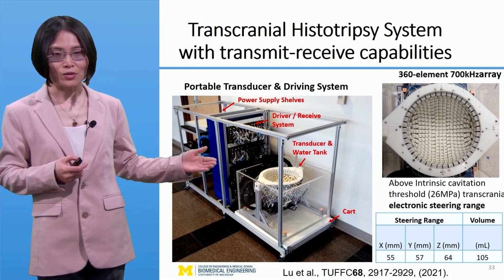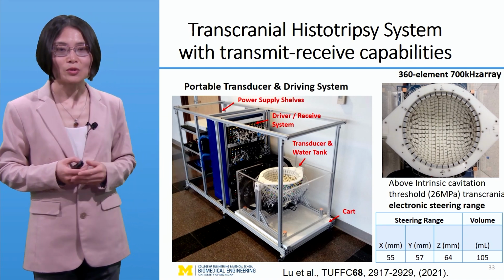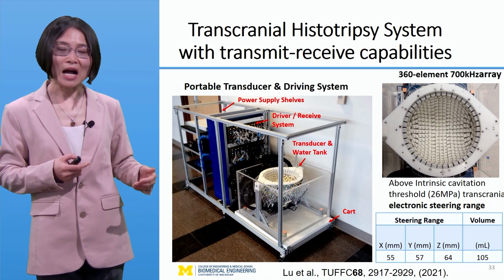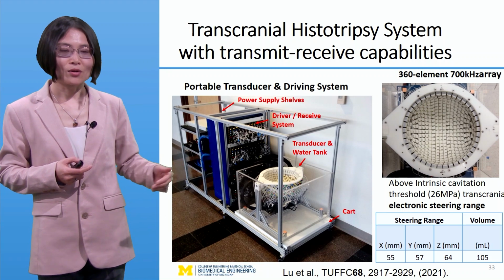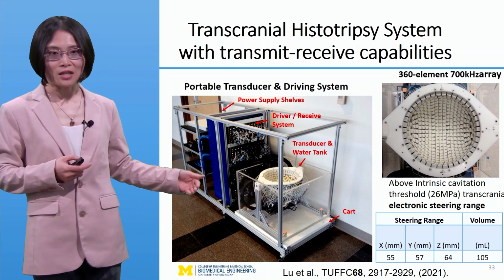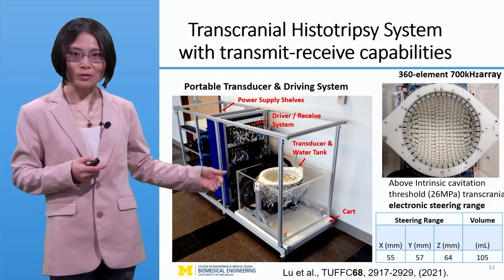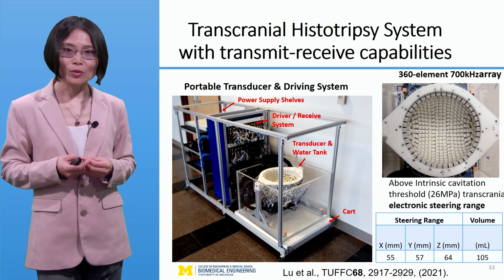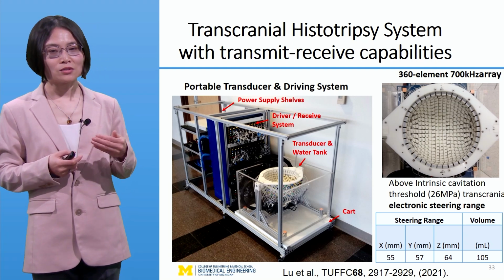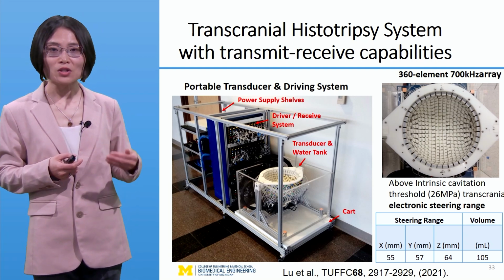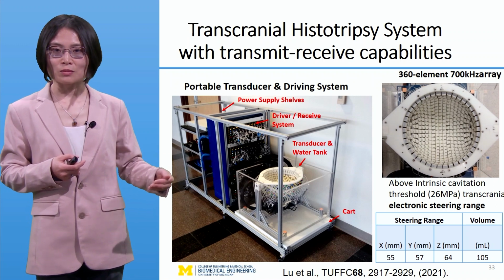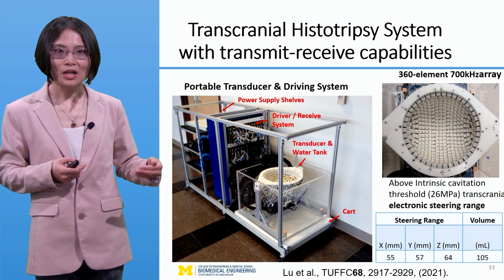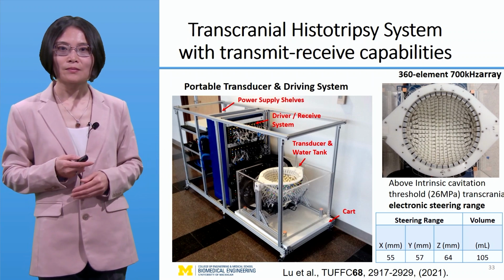This transducer is currently the most powerful ultrasound transducer in the world. It can generate well past 30 megapascals through the skull, and it also has a good electronic steering range. In addition, the driving electronics allow both transmission and receive, so this transducer can be used to generate histotripsy through the skull, as well as receive ultrasound signals for imaging purposes.